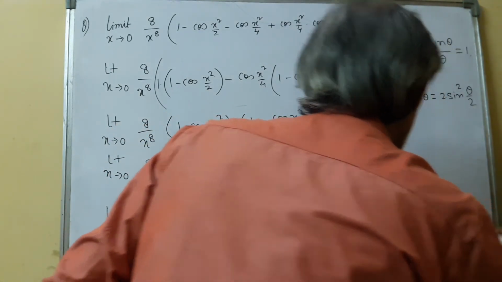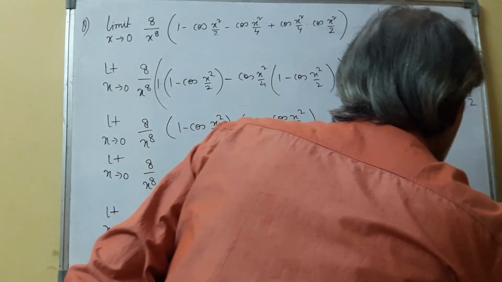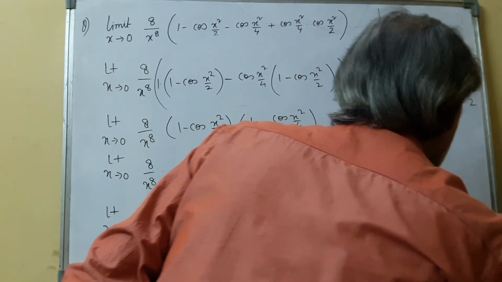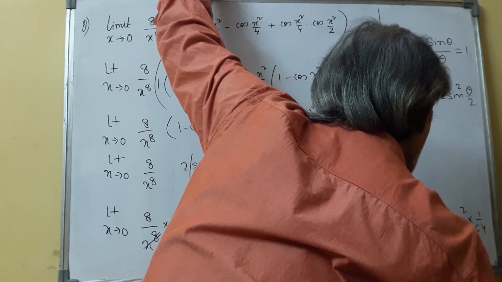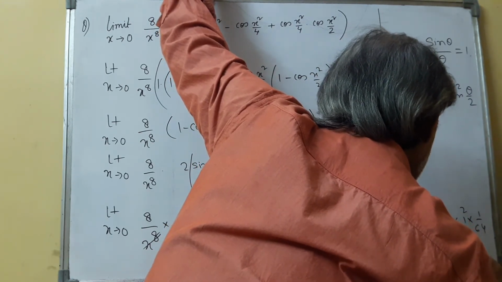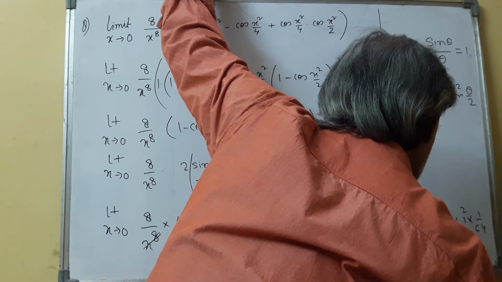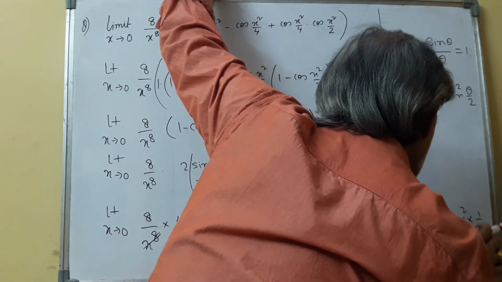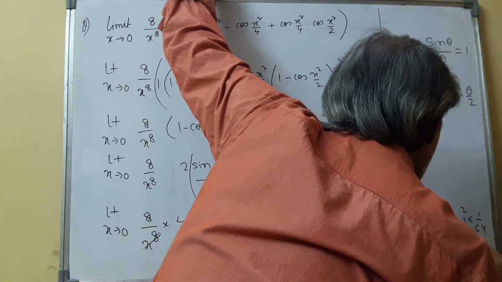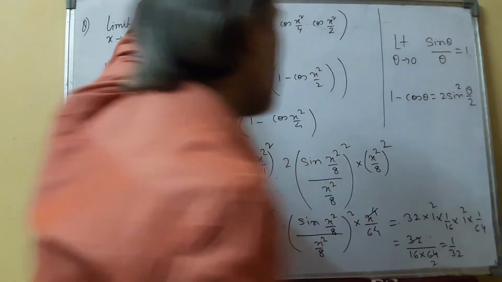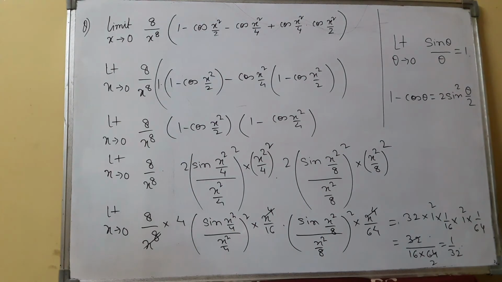Here it is 1 upon 64. So finally we are getting 32 divided by 16 into 64. Cancel it. So we are getting 1 upon 32. And this is the final answer.